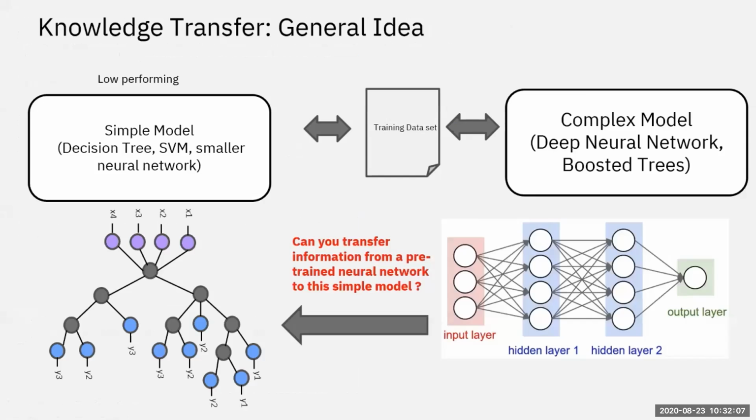Given that you have a black box model or a complex model, such as a deep neural network, that you know performs really well on your data, is there a way to transfer information from this complex, high-performing model to, say, a simple model of choice, say a decision tree or an SVM, that may be suitable for your application? So the simple model, a priori, just trained on the original data, may not have an acceptable performance. So this is essentially the problem that we want to address in this part of the talk.